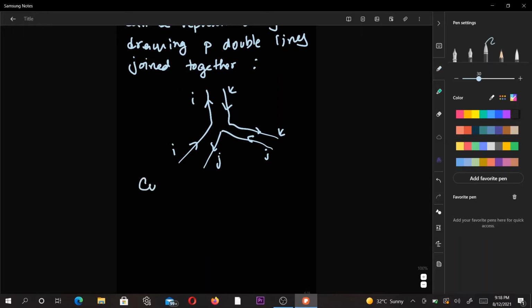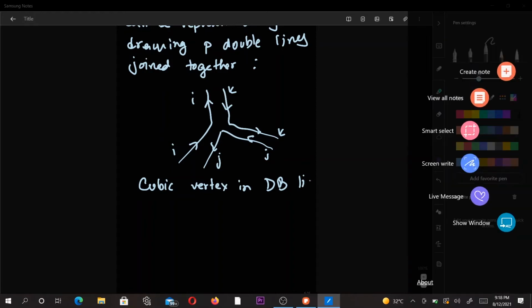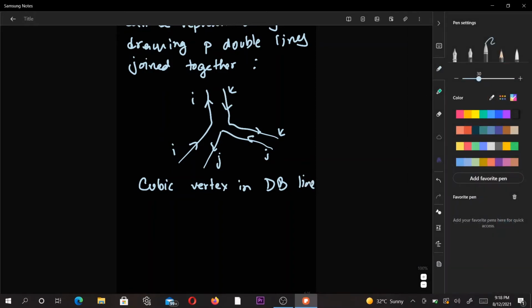So this is a cubic vertex in double line notation.